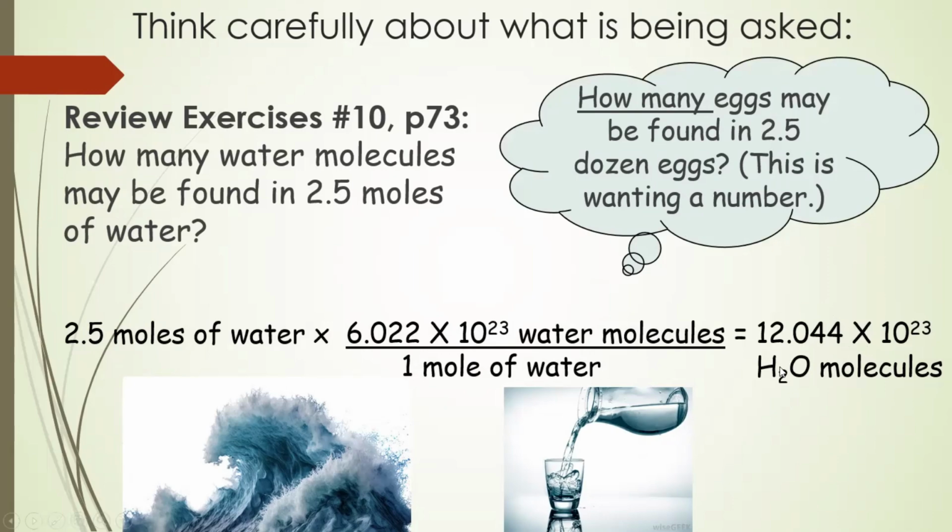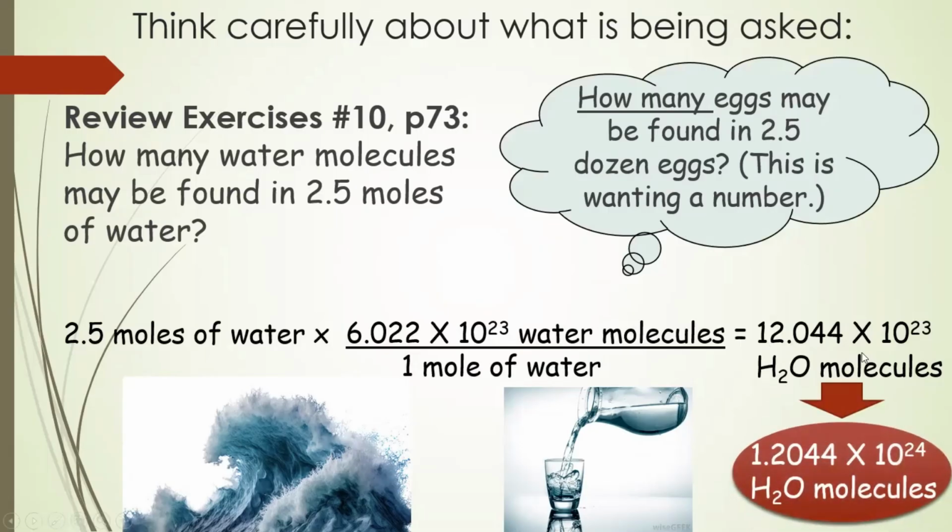Now, that's not proper scientific notation. We have to have just one digit, just the ones place. We need to move that decimal over. So to make it scientific notation, when we move that decimal over, that makes one more over here. So 1.2044 times 10 to the 24th water molecules.